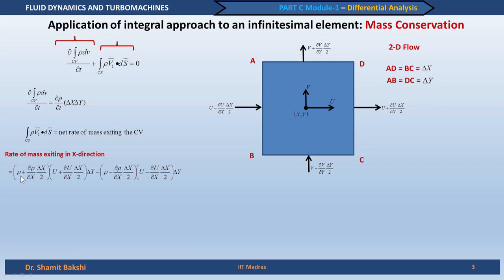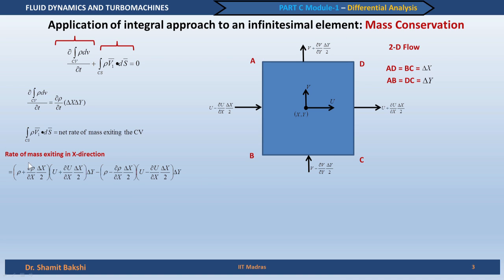All the functions are continuous functions, so their first derivatives are also continuous. So, assuming that, we can write it as rho plus del rho by del x into delta x by 2. So, this is the density at the exiting surface in the x direction, that is the surface DC, multiplied by velocity u, that is what we have written here, u plus del u by del x into delta x by 2.